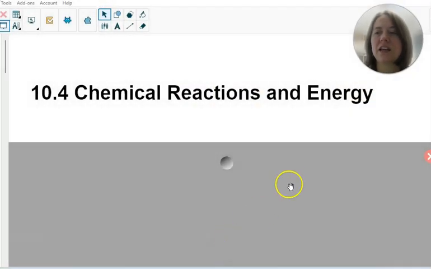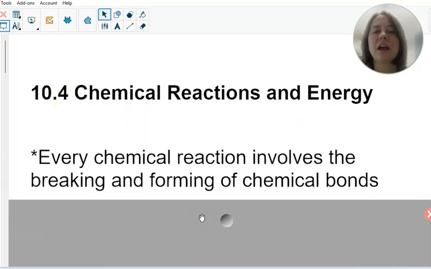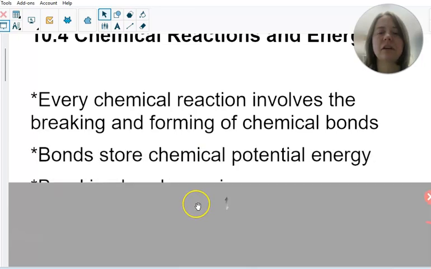And today, like I said, we're going to be going on Section 4, which is Chemical Reactions and Energy. Every chemical reaction involves the breaking and forming of chemical bonds. So we know that bonds store chemical potential energy.